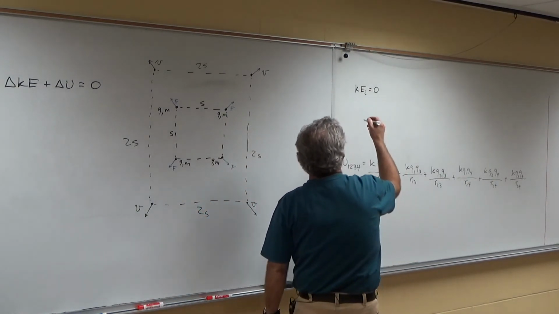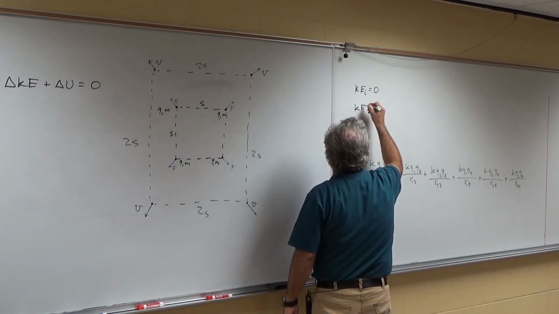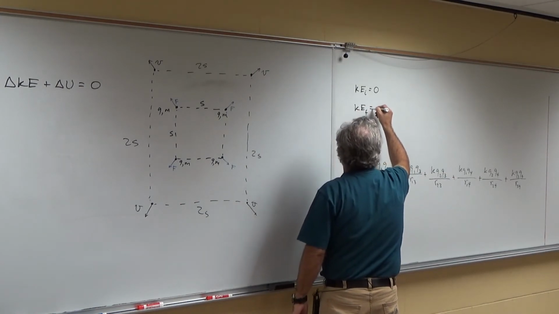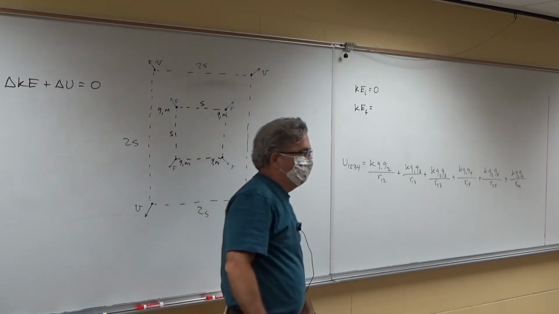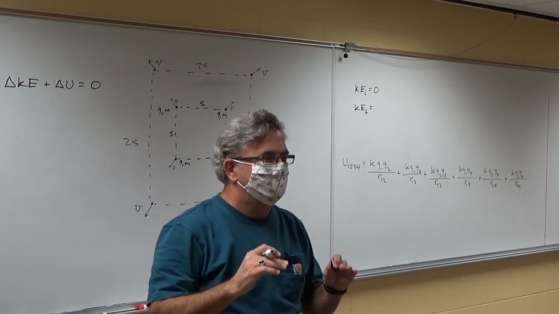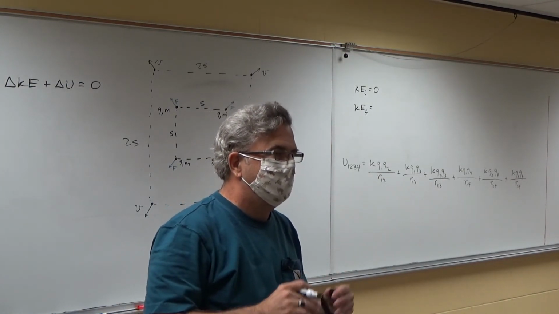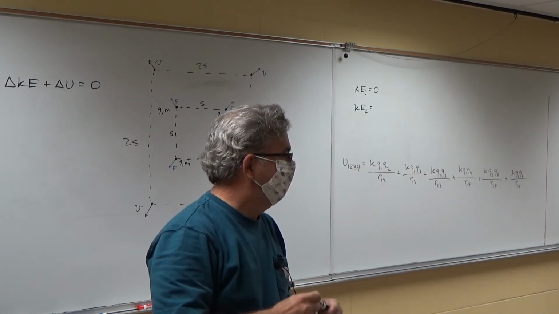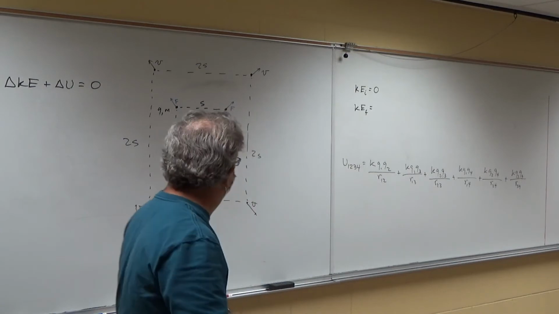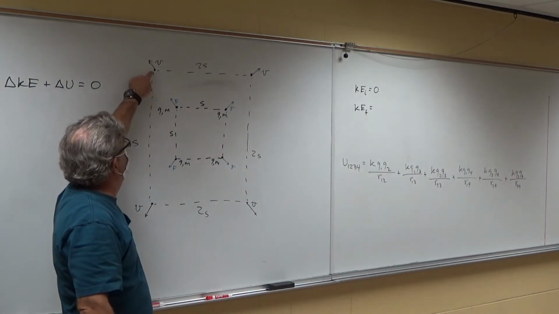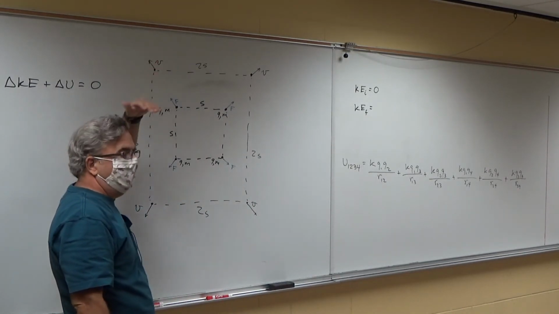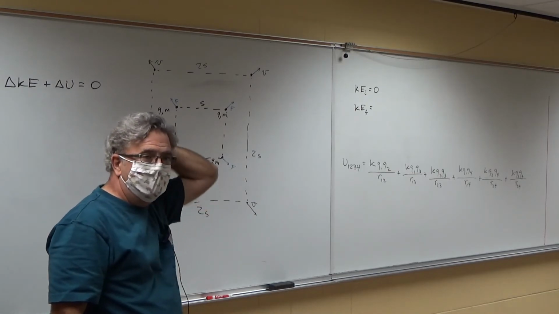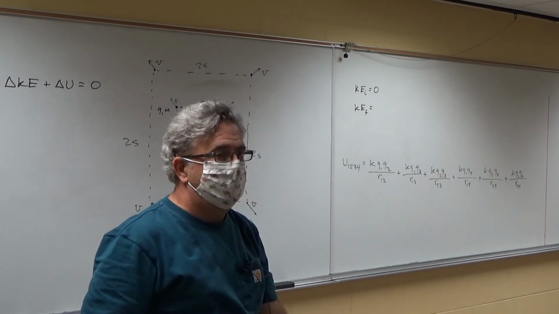KE final, this might be a little bit tricky. What's the final kinetic energy of the system, of the group? Well, I'm saying at this distance 2s, they're traveling with velocity v. I could have called it v final, but I'm calling it v.